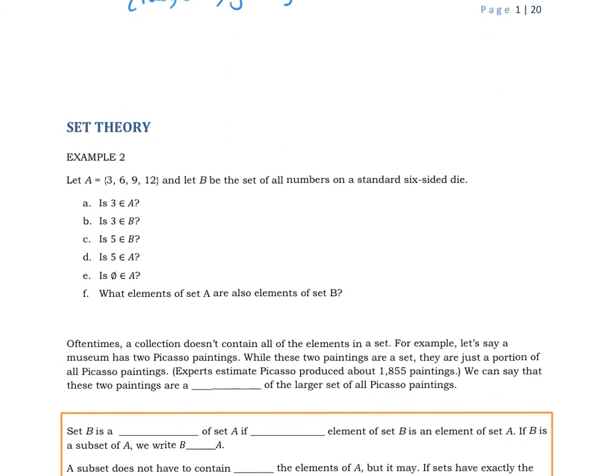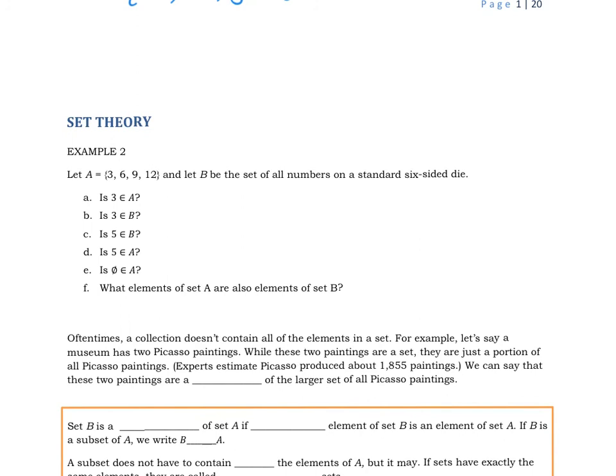So, real quickly here, taking a look at example number 2 and using our notation, I've defined set A for you, the numbers 3, 6, 9, and 12, and then B is all of the numbers on a standard 6-sided die. In other words, 1, 2, 3, 4, 5, 6. So, question A, is 3 an element of set A? Well, yes, indeed it is.